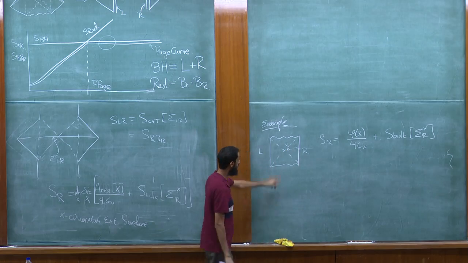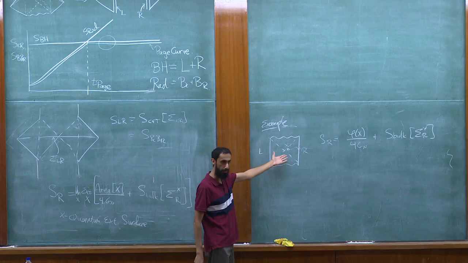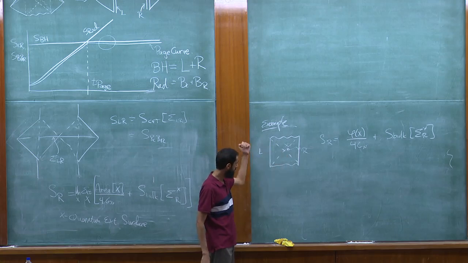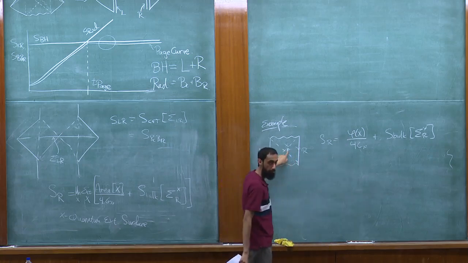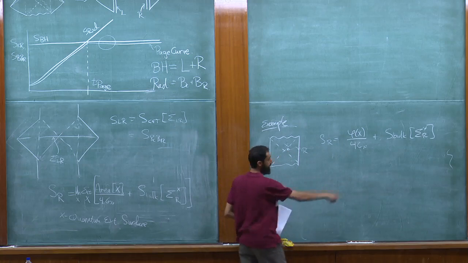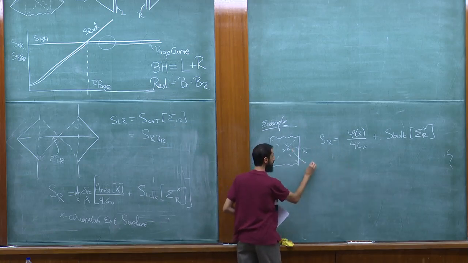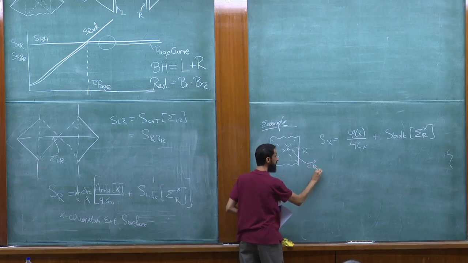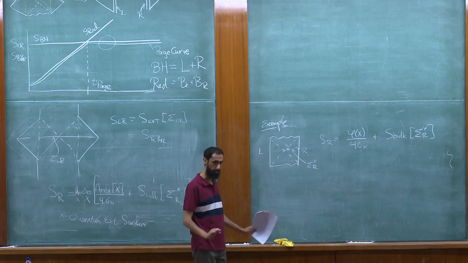You have to extremize over the location of this surface. It makes sense in the following sense: this is now a 1 plus 1 dimensional bulk and 0 plus 1 dimensional boundary. There's a surface here. There's the area, which is just the dilaton divided by 4G Newton, and the surface sigma is simply this surface, because it's the coefficient of the Ricci scalar term in the action. That's how it comes about.